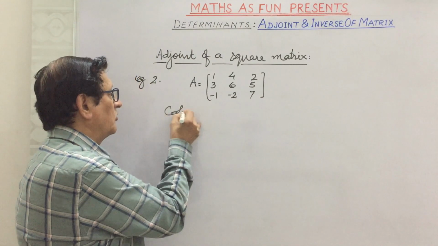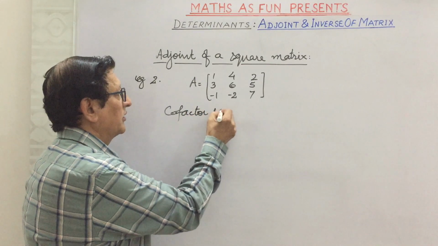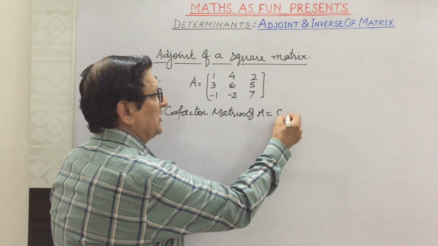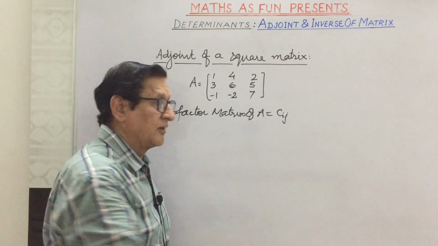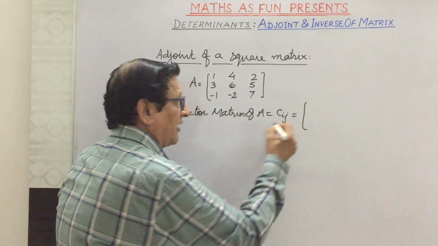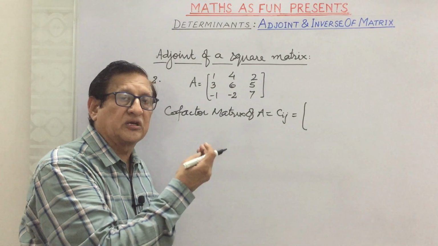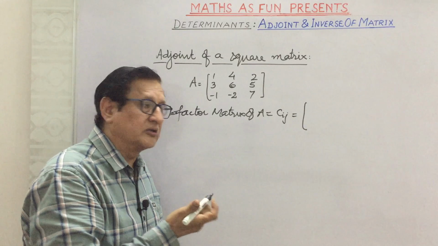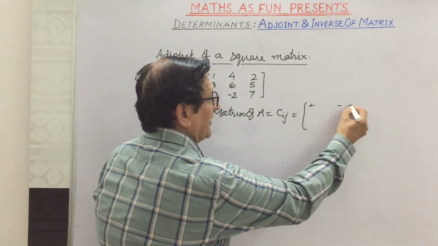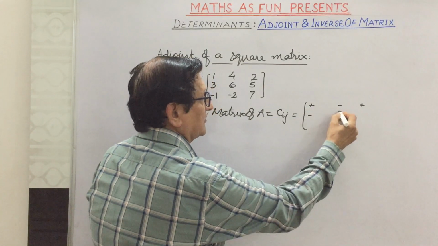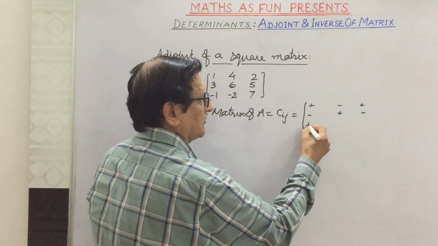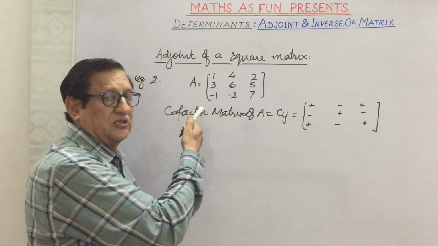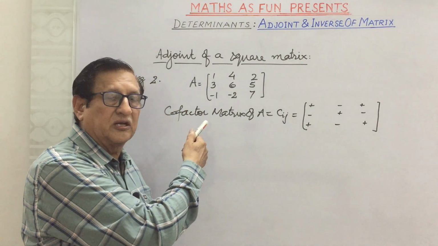So we write cofactor matrix of A, suppose Cij. And as I have already told you earlier, we can take the signs of all the 9 elements for cofactors. So this will be plus, minus, plus, minus, plus, minus, plus, minus, plus. And now we have to take the values of the minors of all these 9 elements.